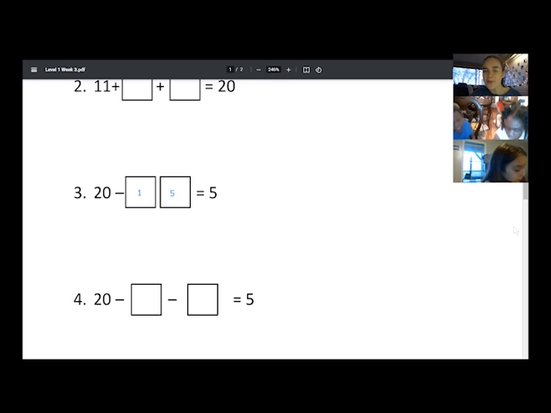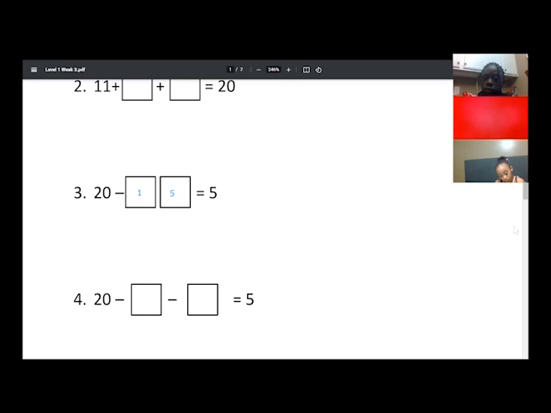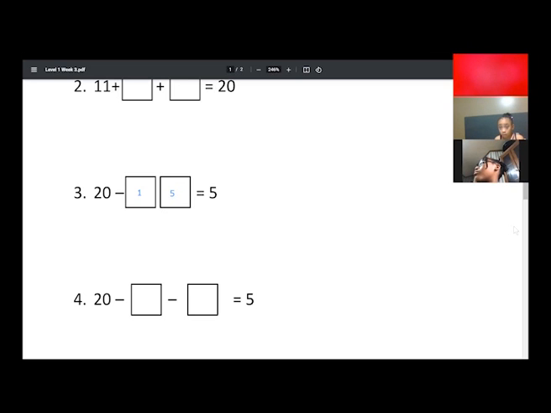Is there any other answer we could use for number 3, or is 15 our only answer? Thomas, do you know if there's another answer for number 3?